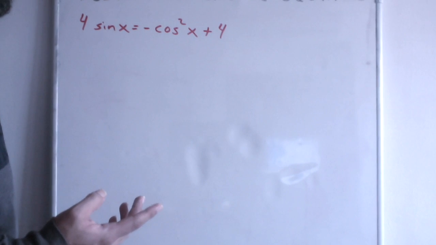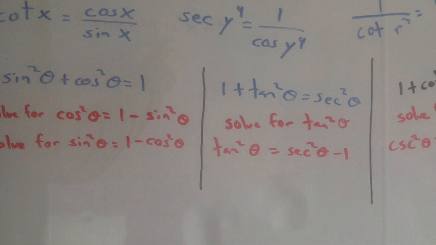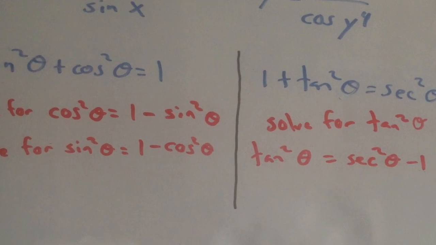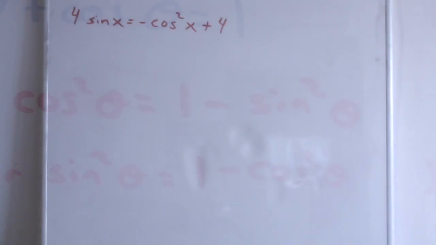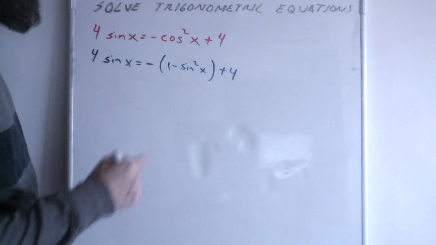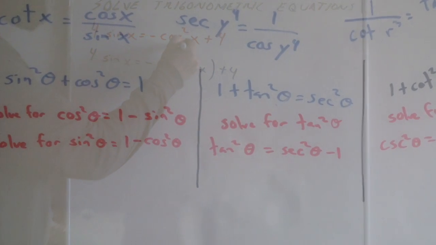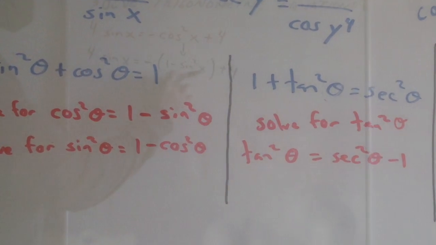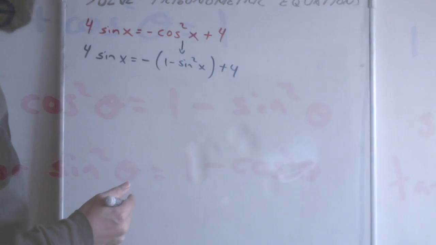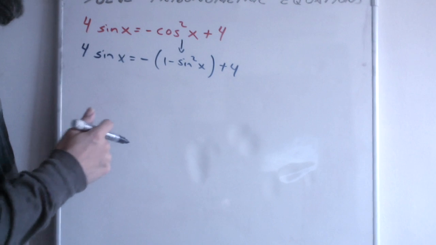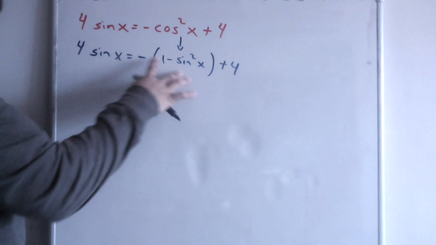So I'm gonna use the Pythagorean identity of cosine squared x to change it in terms of sine x. I change cosine squared x by 1 minus sine squared x. So now I have all my terms in sine.